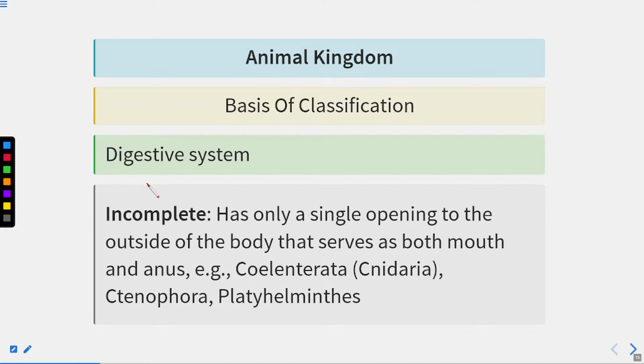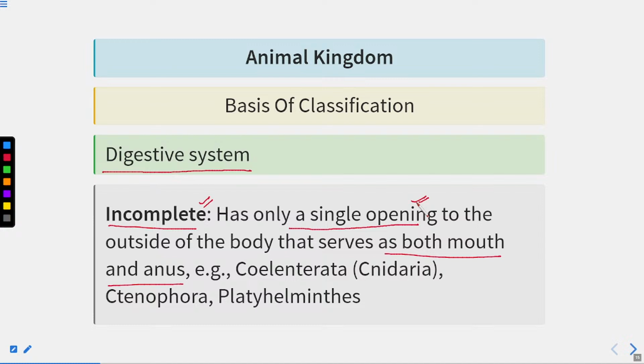Next is the digestive system; different types of digestive system are present. The incomplete digestive system has only a single opening to the outside of the body that serves as both mouth and anus. Why is it called incomplete? Because they have only one opening.